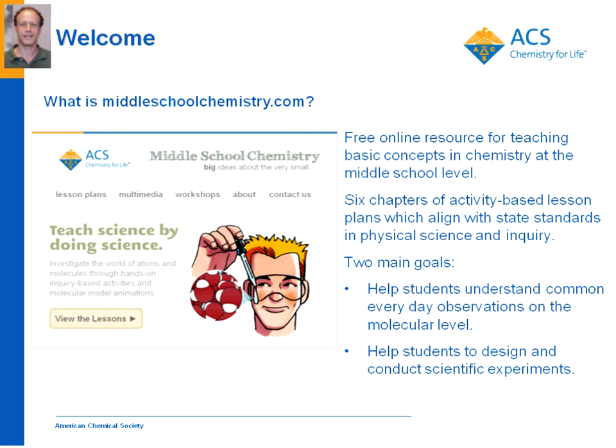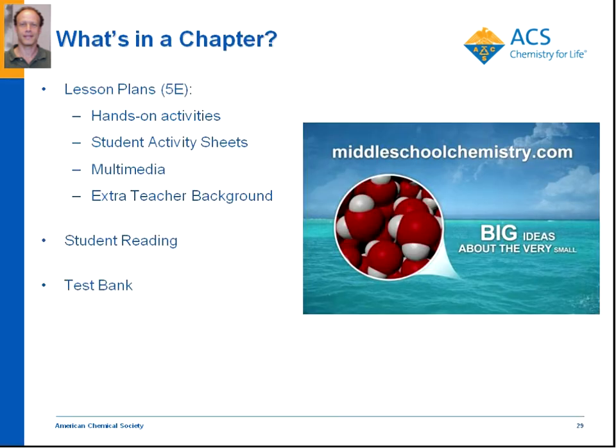Okay, I hope everybody was able to navigate a little bit and see what a standard lesson is like. Let's keep rolling. So basically, the lessons, like I said, are 5E format. Almost every chapter and every lesson has lots of hands-on activities. Actually, tonight, Chapter 4 is the exception.